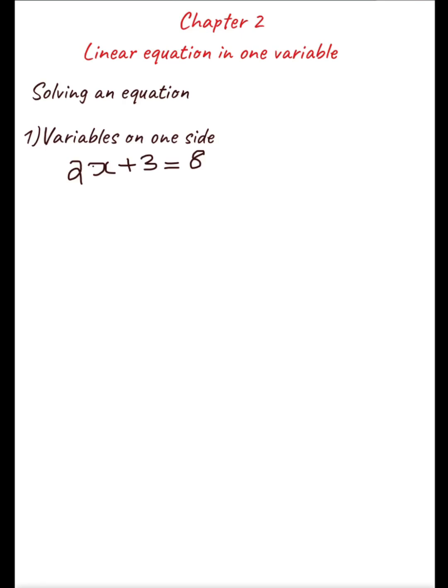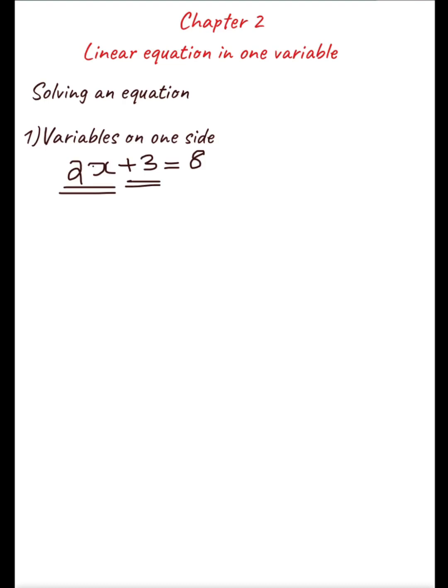This is very easy. The first thing that you should do is separate the variables. That means you have to keep the variables only on one side and take all the other things to the other side. So we have to keep this 2x on one side. For that you have to take this plus 3 to the other side.